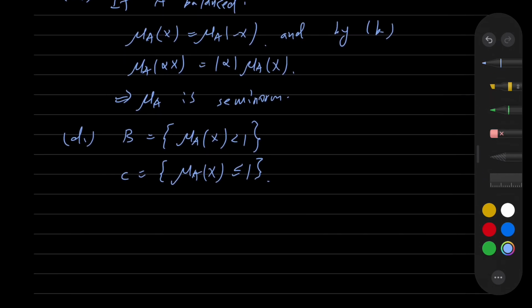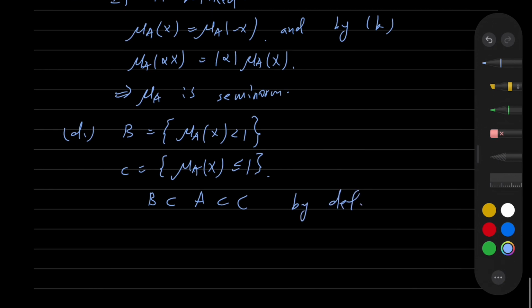Then by definition, we immediately have that B is inside A is inside C. Then from this inclusion, because a larger set needs a smaller number to include a point, the functional of C is the smallest: mu C is smaller or equal to mu A, which is smaller or equal to mu B.